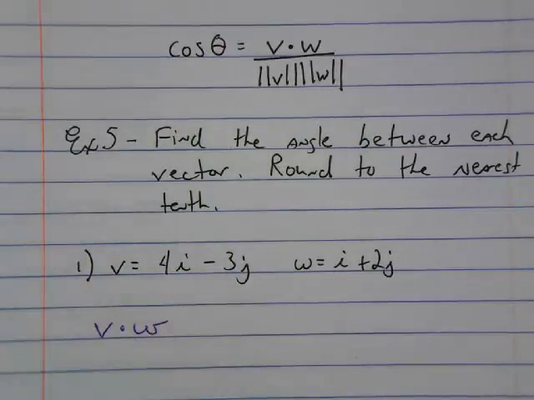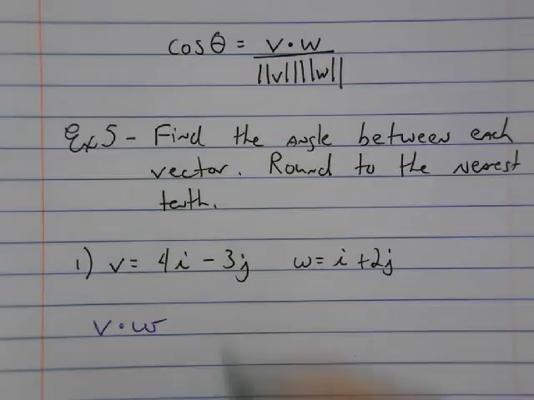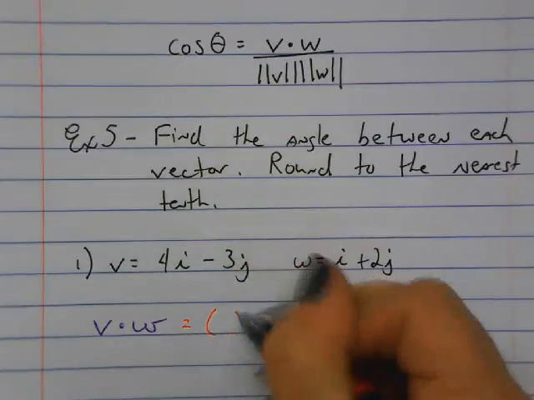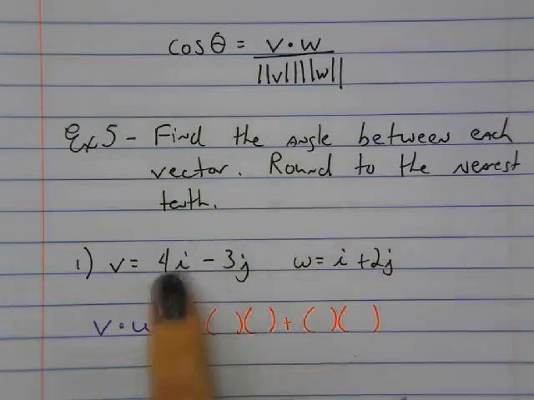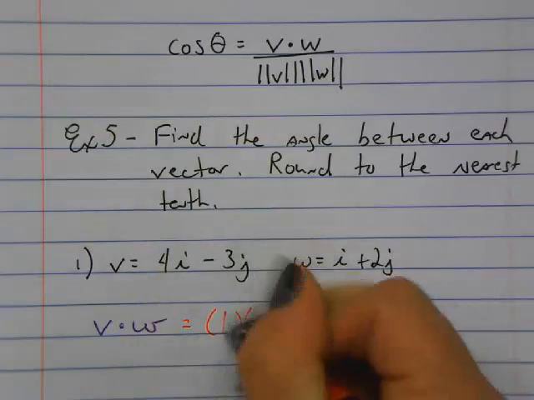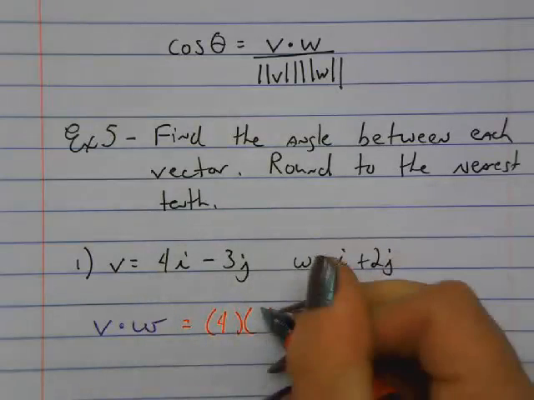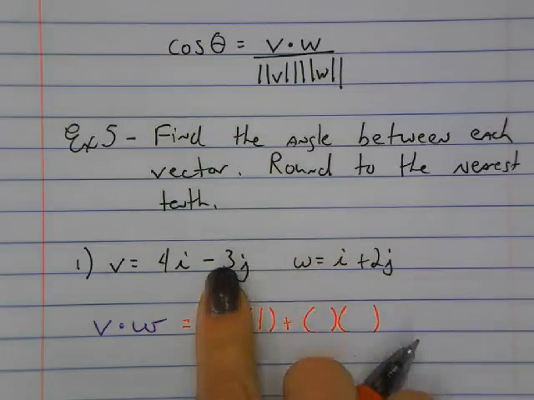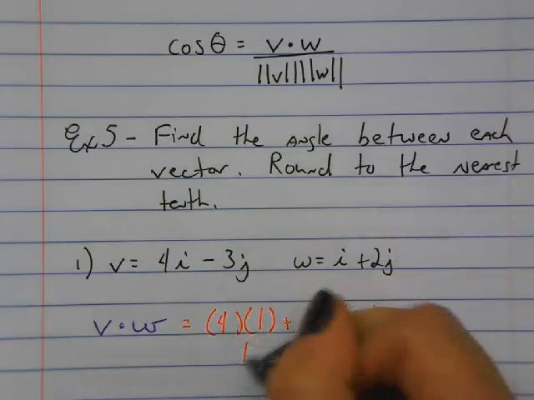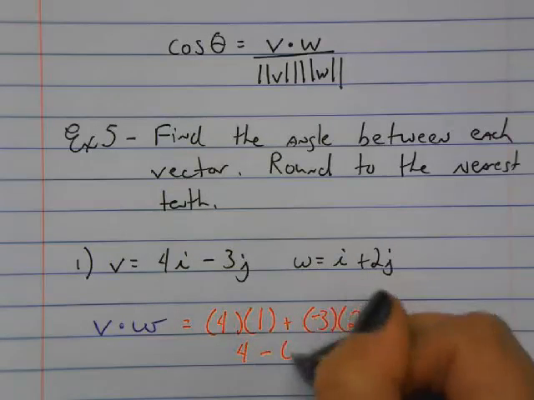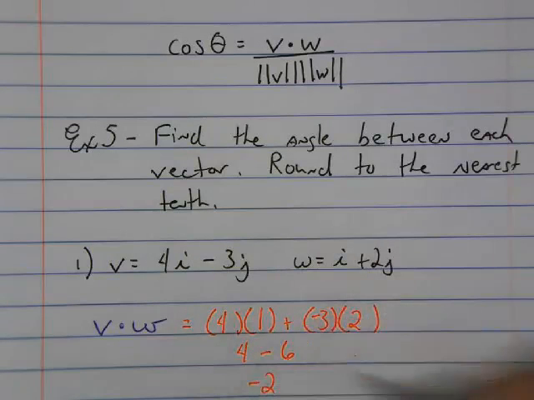Alright, so I'm going to multiply my a's and my b's. So a1 is 4, a2 is 1, b1 is negative 3, b2 is 2. So I get 4 minus 6 is negative 2.